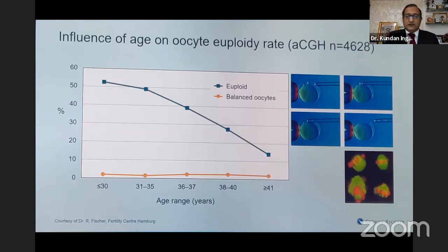We know the influence of age on the oocyte euploidy rate. Remember, in this paper by Dr. Fisher, he has clearly demonstrated that the percentage of euploid oocytes significantly decreases as the woman progresses beyond 35 years of age. If you look at this graph, it continuously declines and never steadies down.